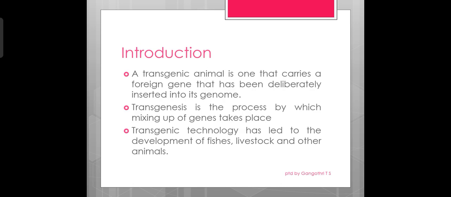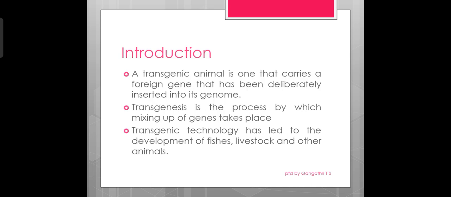Introduction. A transgenic animal is one that carries a foreign gene that has been deliberately inserted into its genome. The DNA introduced is called a transgene and the overall process is called transgenesis.